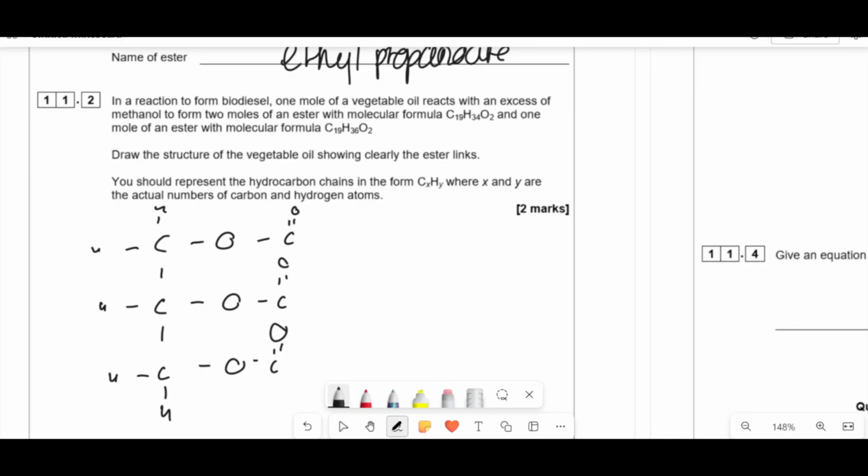So they've told you that it's what? It's this, and 1 mole of an ester with this. You should draw the structure of vegetable oil. So this vegetable oil ends up giving you an ester with this and that. So that means that this vegetable oil should have however many left of each of these there is, really. So in this case, we've used up 2 carbons, 17, 17, 17, and there's going to be some amount of H's, right? So 17H. And in this case, there's 2 moles of this.